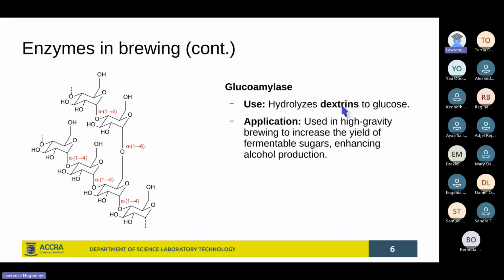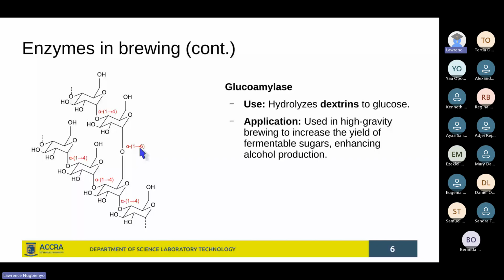And you remember we saw dextrins as also one of those branched polysaccharides that, apart from the 1,4 glycosidic bond, they also have these 1,6 glycosidic bonds. And these 1,6 glycosidic bonds require another enzyme to break them down. And so that is why we have this glucoamylase.